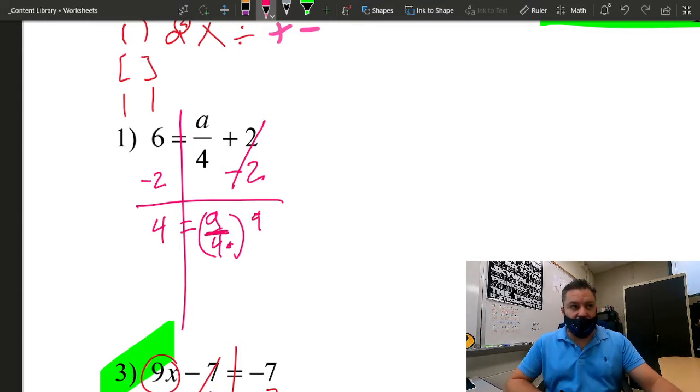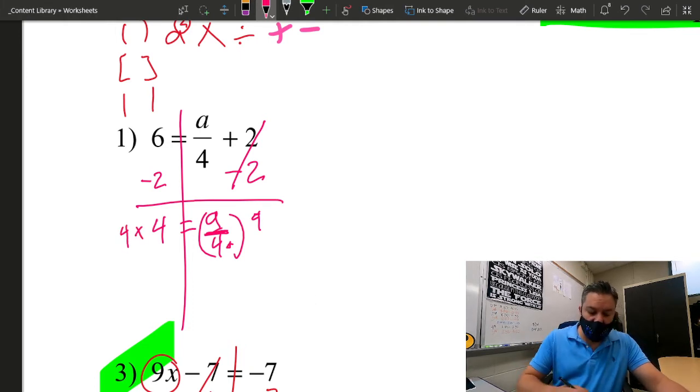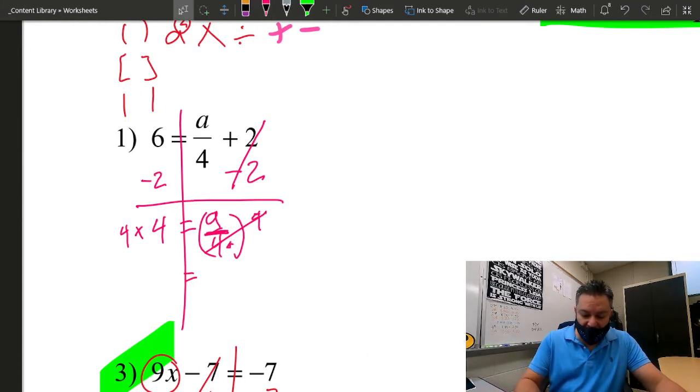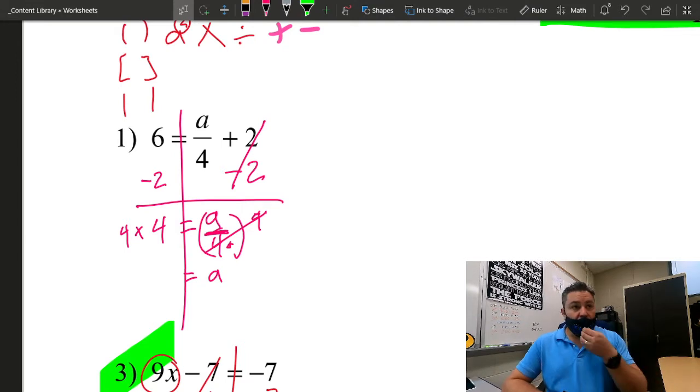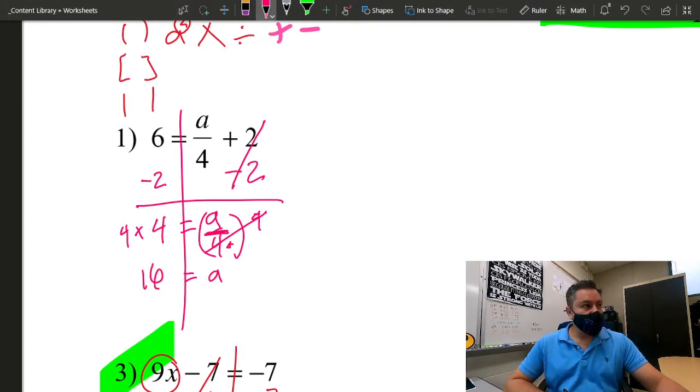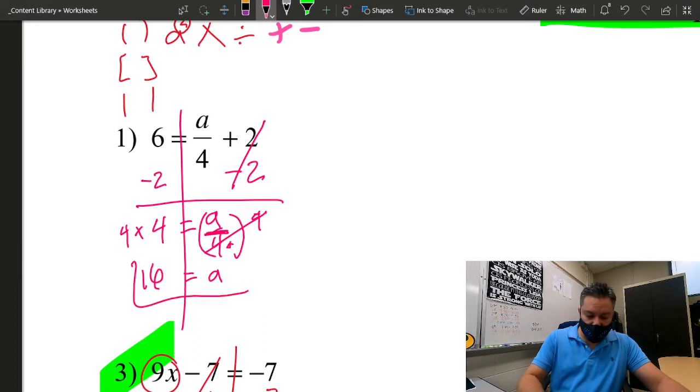By that 4, because that's the number that we have to get rid of. And what I do to one side, I must do to the other side. So this 4 will cancel out. That will be just 1a. You're going to be left with a. And on the other side, we have what? 4 times 4 is 16. And that's your answer.